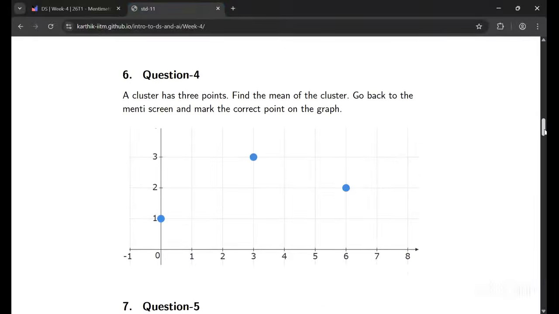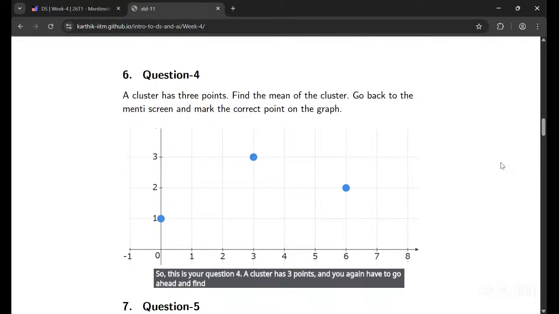So this is your question 4. A cluster has 3 points, and you again have to go ahead and find the mean of this cluster.